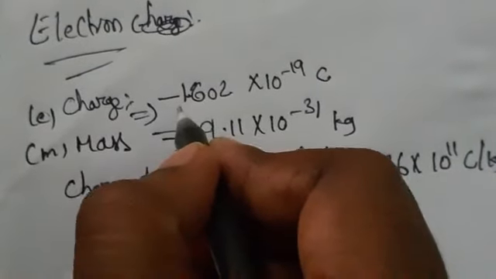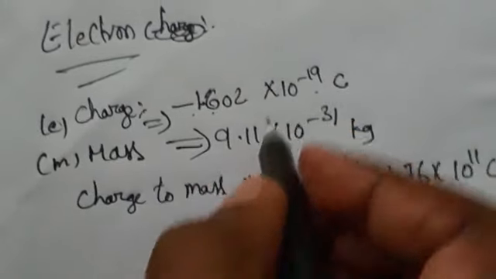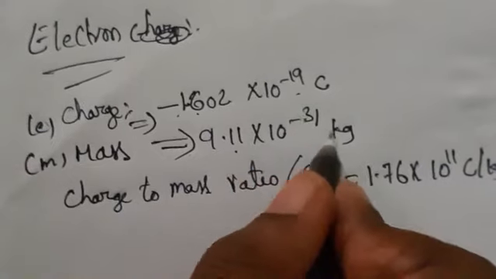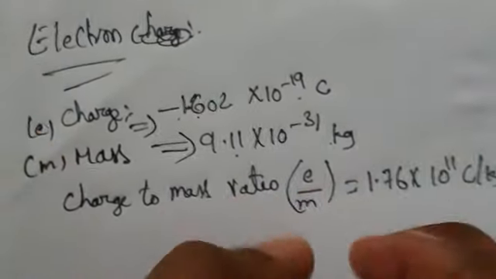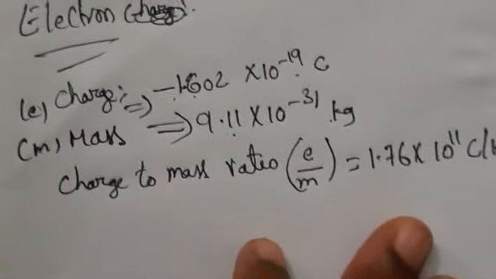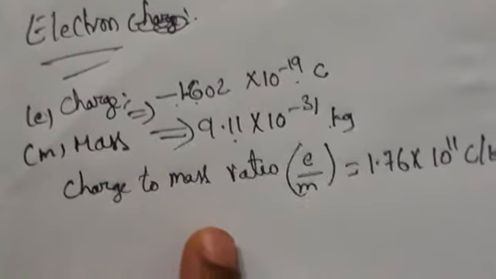The charge is minus 1.602 into 10 to the power minus 19 coulomb, and the mass is 9.11 into 10 to the power minus 31 kg. This is only for electrons. So that is about charge, mass and charge to mass ratio.